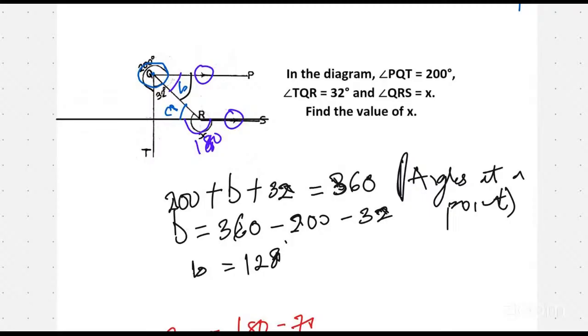Remember what I said earlier, that angle X starts from this point and ends here. I've already told you that this is angles on a straight line, which is 180 degrees. I've also said that B is equal to A, and the reason is alternate angles.